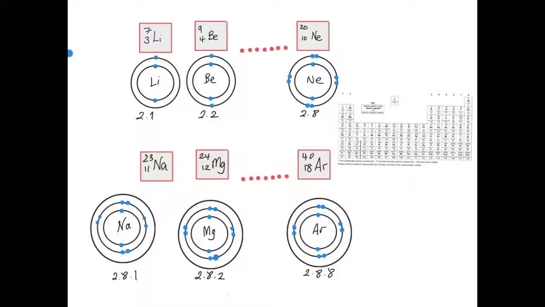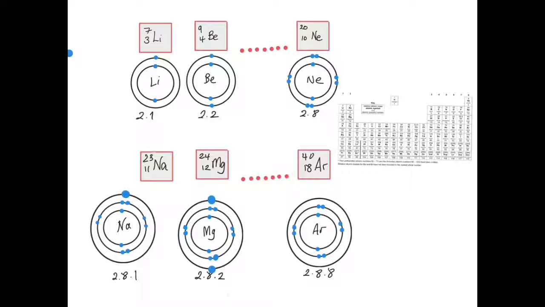The first 10 electrons of sodium are like neon. So it goes 2 in the first shell, then 8 electrons in the second shell, and there is 1 electron in the outer shell. When we look at magnesium, magnesium has got 12 electrons. That's 1 more electron than sodium, so it's now got 2 electrons in its outer shell.